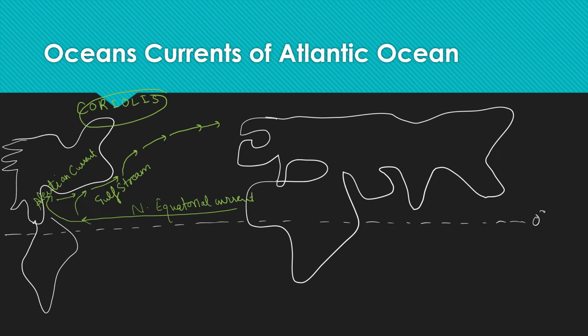So now it is deflected towards the east and reaching here. This region is in the higher, temperate latitudes, still we see that these latitudes have some warmer water. Why is this water warmer? Due to the coming of the Gulf Stream to these regions, and it is known as the Norwegian current.